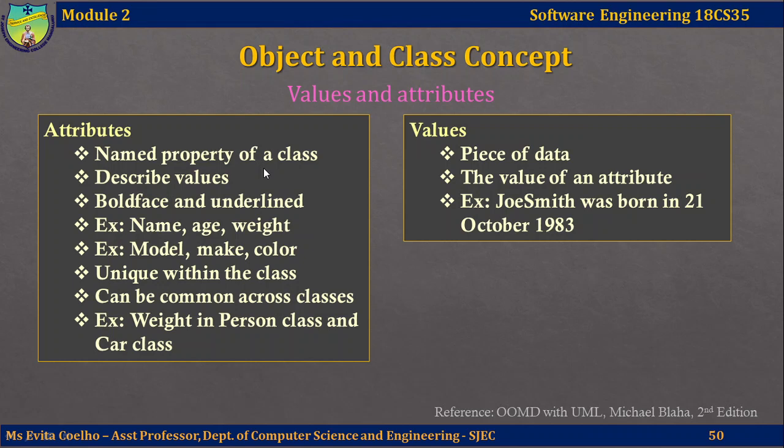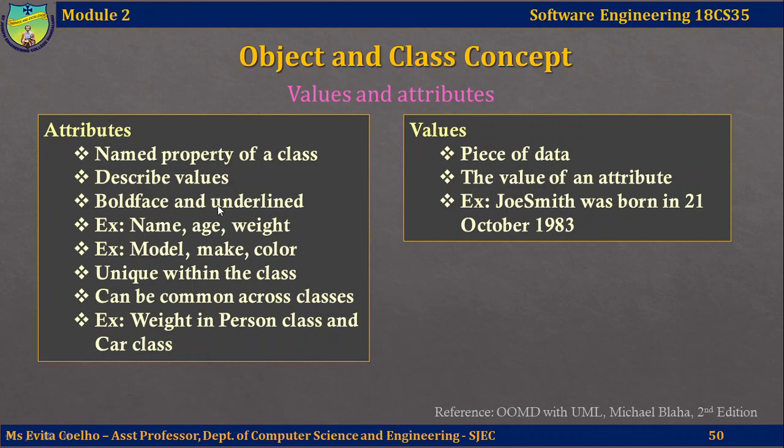So when you have objects that have the same attributes and can perform the same operations, then you can group such objects together into a class, which is called classification. So attributes will describe the type of values that will be held. They are like placeholders. Values become placeholders when you create objects.